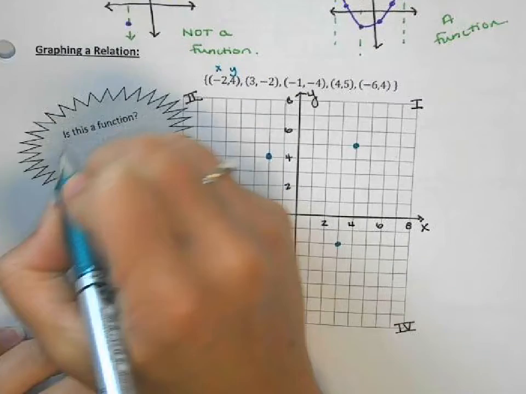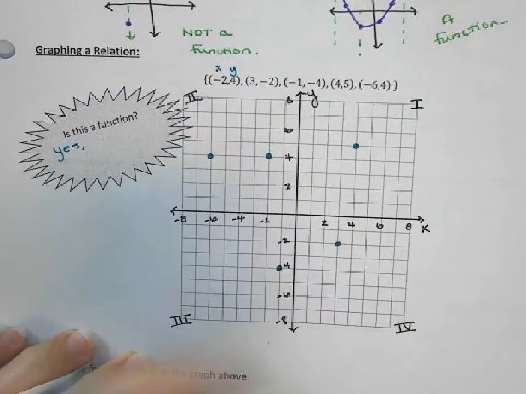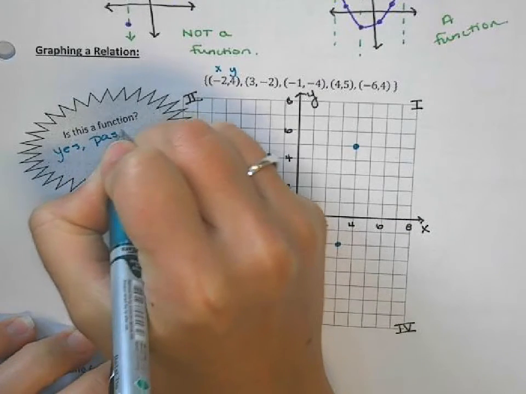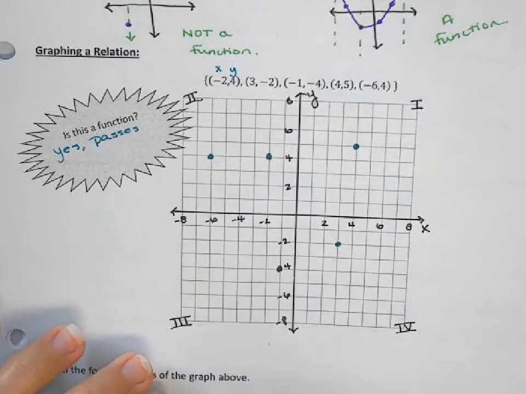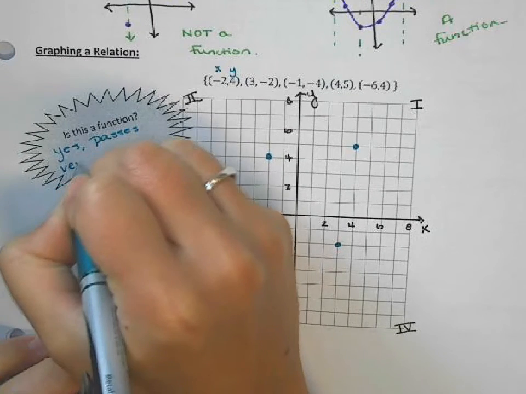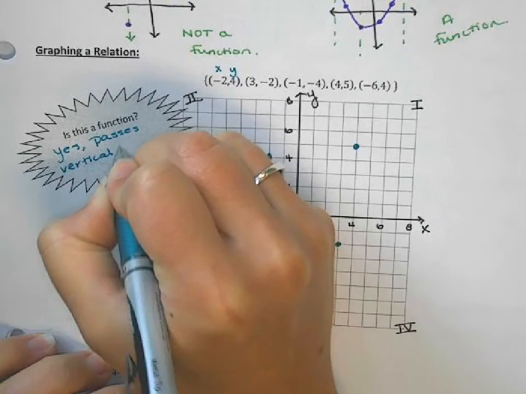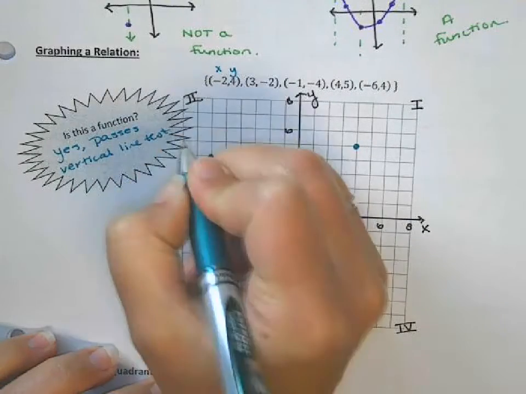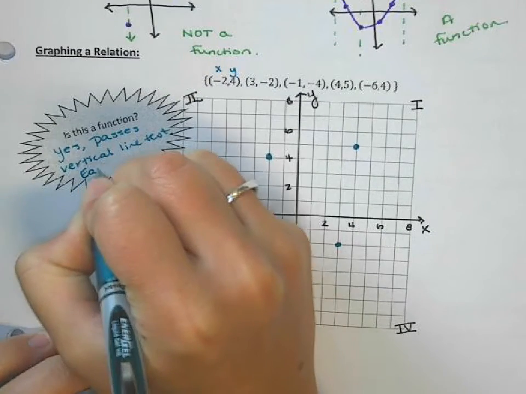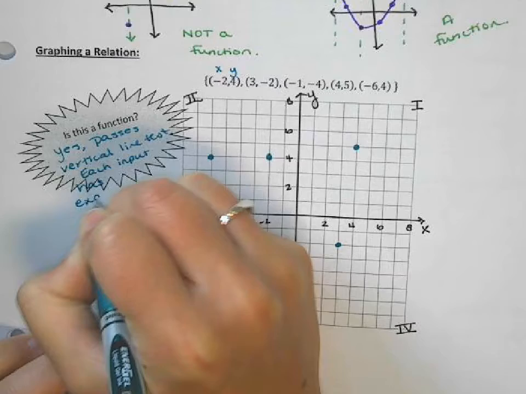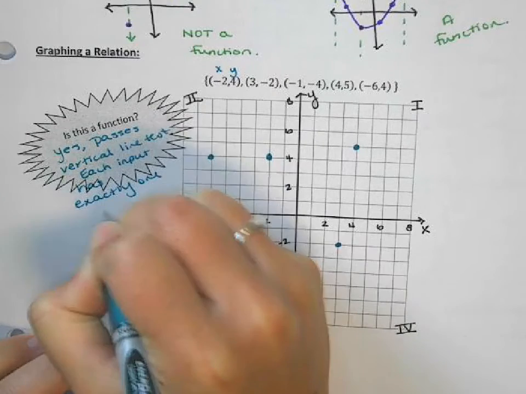Yes. And we're always going to be asked to explain. So we can say, yes, it passes the vertical line test, but if you want to use the vertical line test, you have to explain why the vertical line test shows me that it is a function. Passes the vertical line test, so each input has exactly one output.